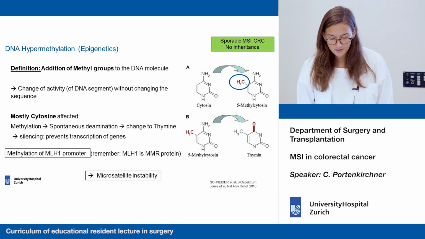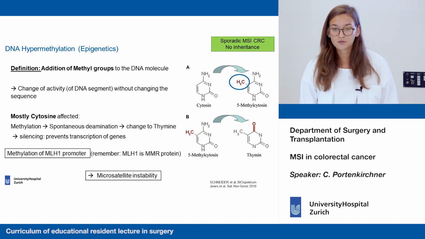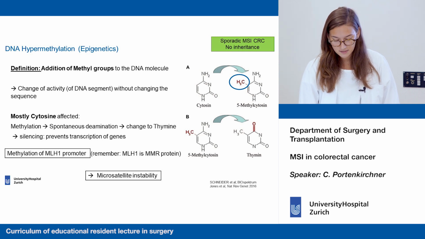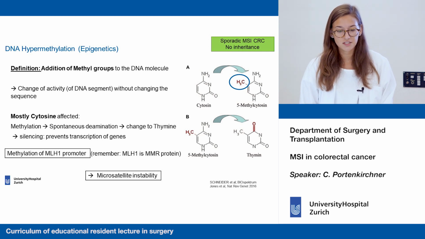As you already heard, epigenetic changes in DNA hypermethylation do not only involve changes in the actual DNA sequence, but they lead to modifications in histones that compromise DNA methylation.